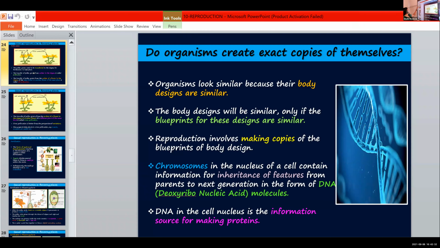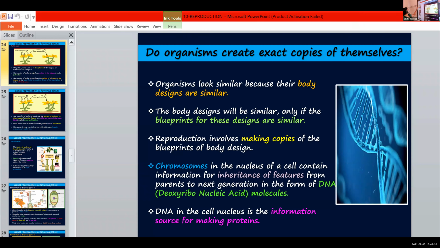Pollen grains need to be transferred to the stigma for fertilization to take place. And pollination is the transfer of pollen grains from anther to stigma. And I told you to remember PAS. S for stigma, A for anther, P for pollen grains.